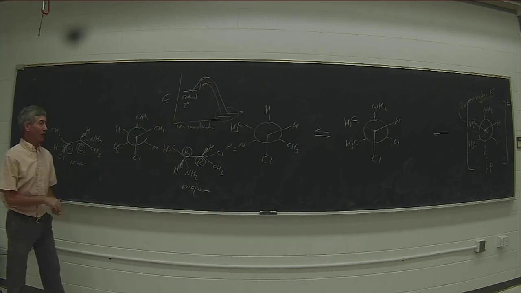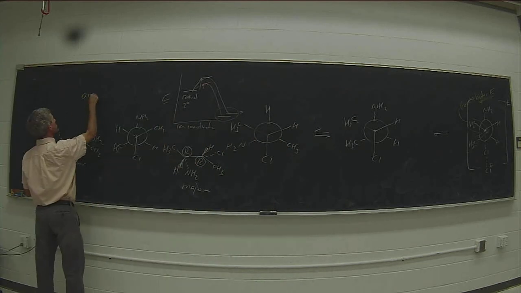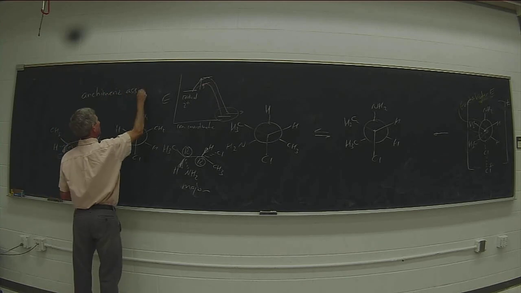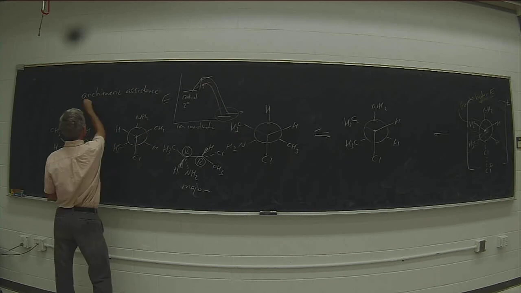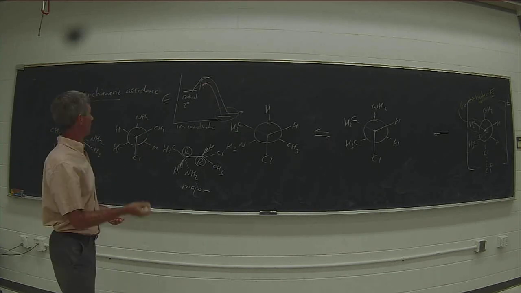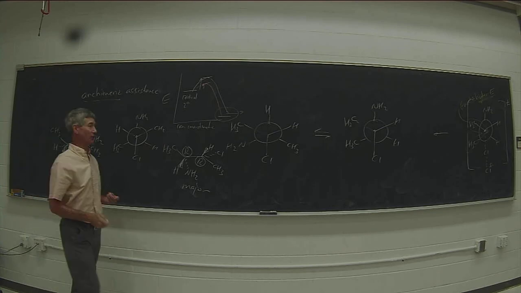That's called 1,2-asymmetric induction, or chiral assistance. And it refers to a chiral center elsewhere in the molecule directing the stereochemistry in an adjacent position.